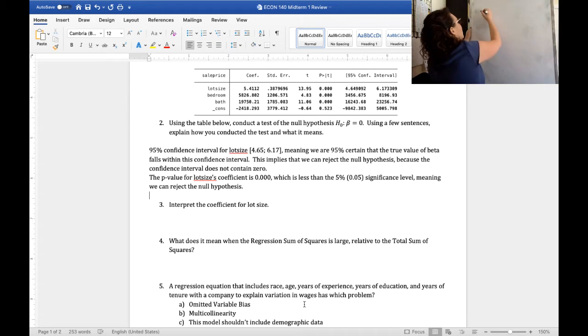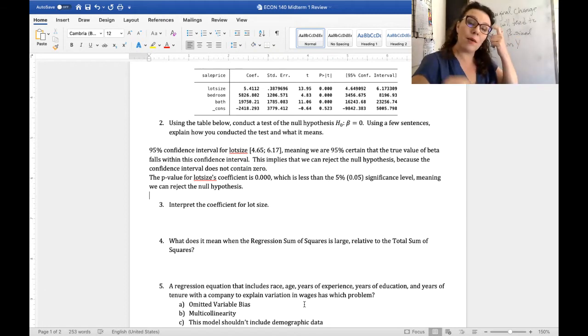So the background is a marginal change in x will tend to have a beta hat sized effect on y.